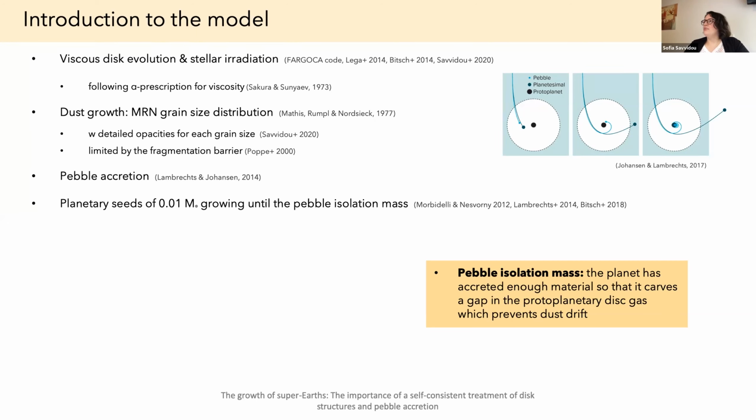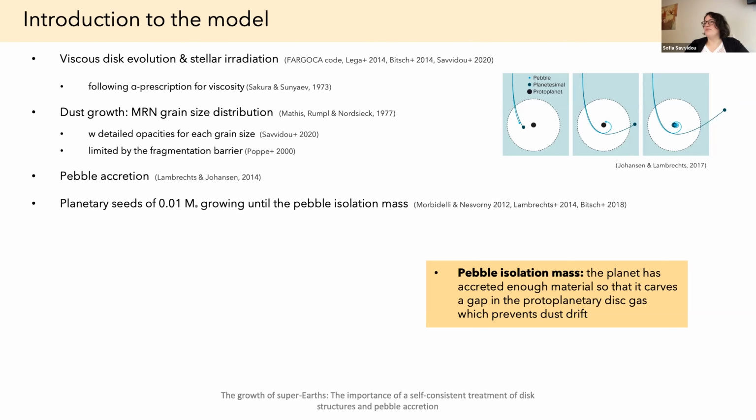So we become limited and the growth timescales become very large in order to grow planets this way. Instead, we can have pebbles, which are smaller objects of around millimeter to centimeter sizes, which form after the grain growth of the dust, of course.